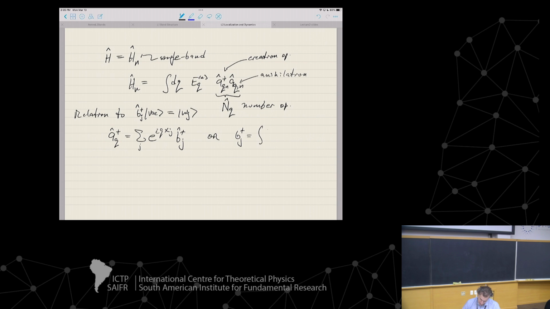I want to integrate over all the q's and have a minus iq xj a q. Okay, so now this here is for Wannier states localized in space, whereas this and this are for the Bloch states.